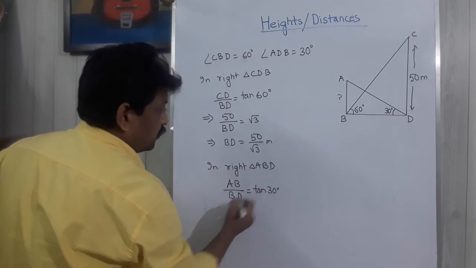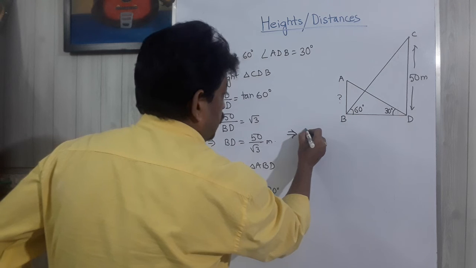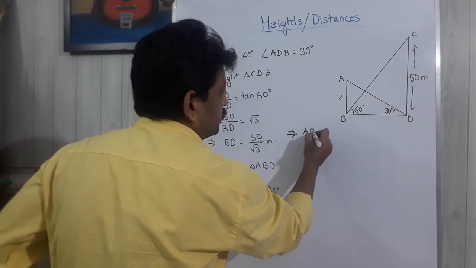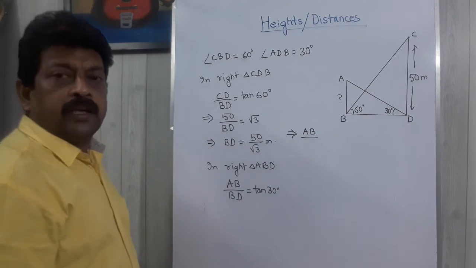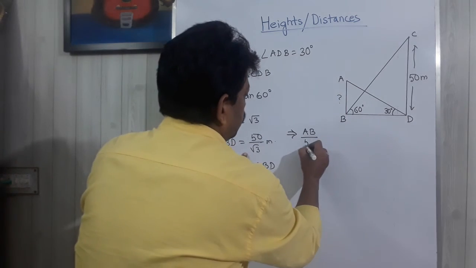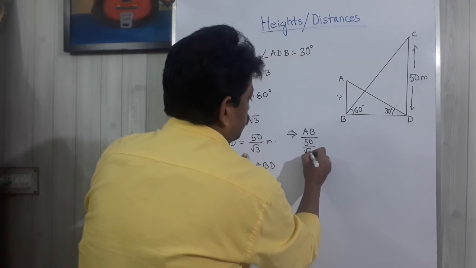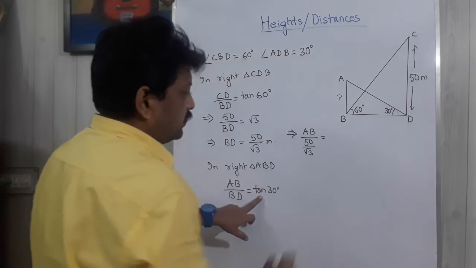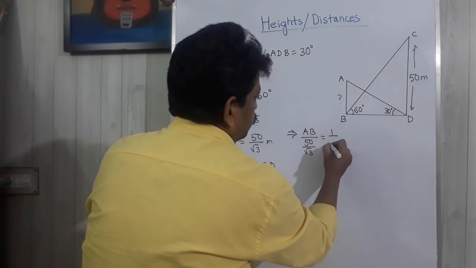AB we don't know, we have to find, so AB will remain as AB. BD is already calculated, it is 50 upon root 3, so it will remain as it is, and tan 30 is 1 upon root 3.